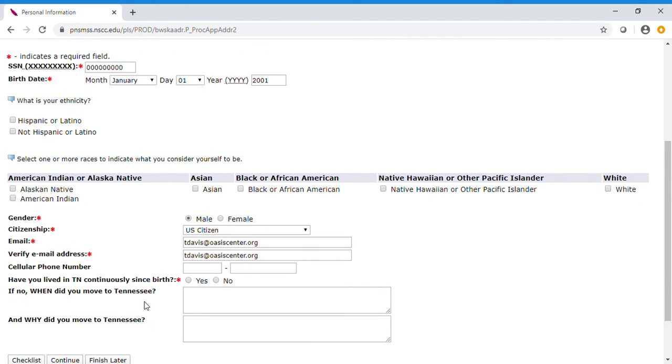Okay. Have you lived in Tennessee continuously since birth? As you can see, this is required, but this one's a little bit interesting. If you say yes, you don't have to answer these two questions.